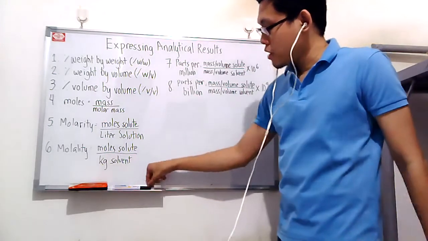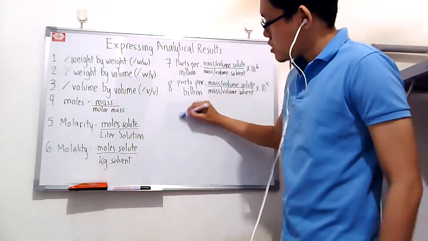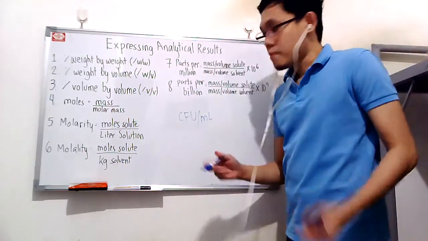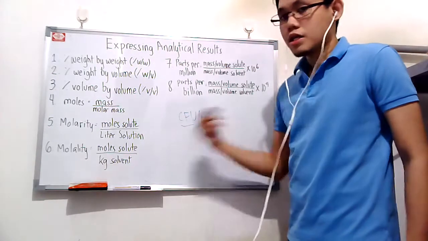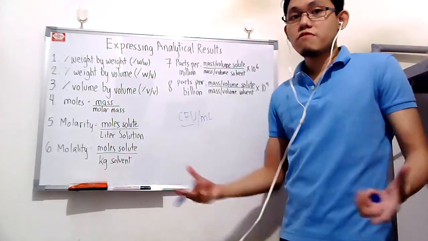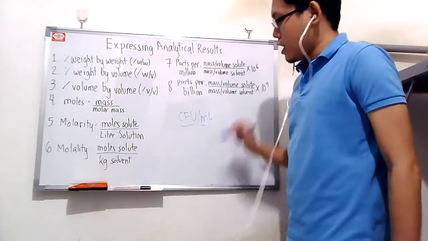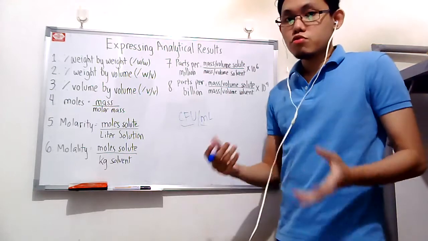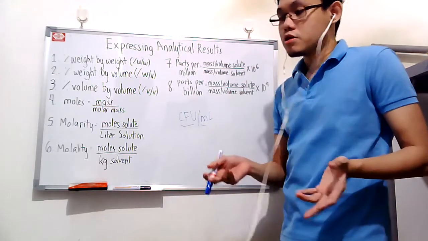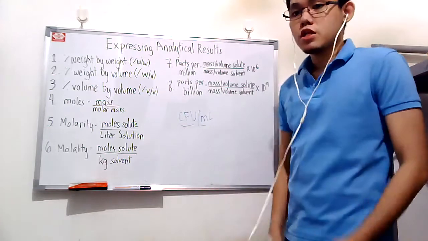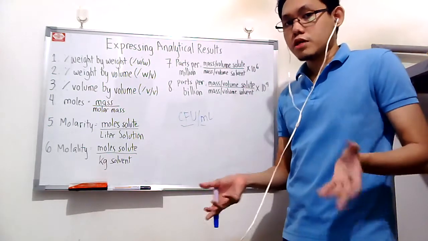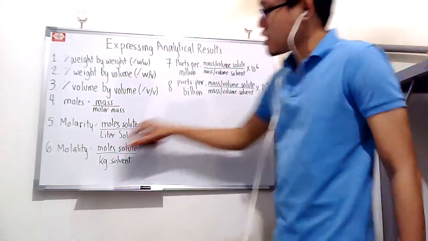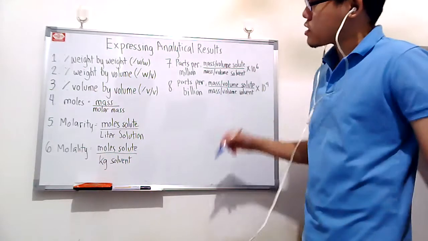For example, in microbiology you have colony forming units per ml, which is the amount of bacteria that grows in a specific culture media per ml of your sample. We will not go into those types of examples, and we will just focus on the more common ones used in chemistry.